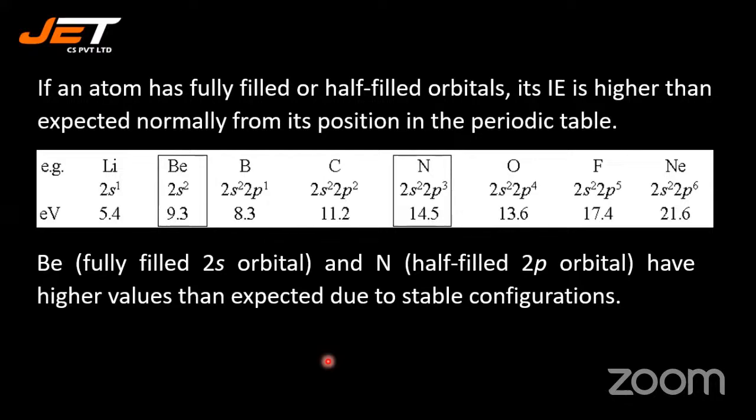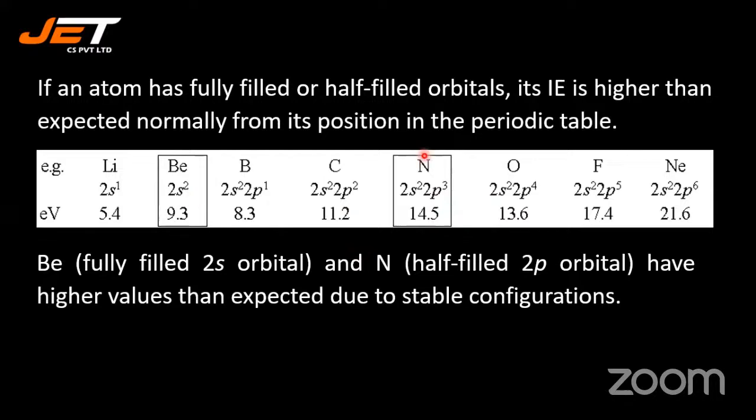Actually it states that atoms which have fully filled or half-filled orbitals have higher ionization energy than expected because of their stable configuration. Like this is the exception only. See, this is s: 5.4. This is s, but it is 9.3. Why? This is p: 11.2. This is p: 14.5.